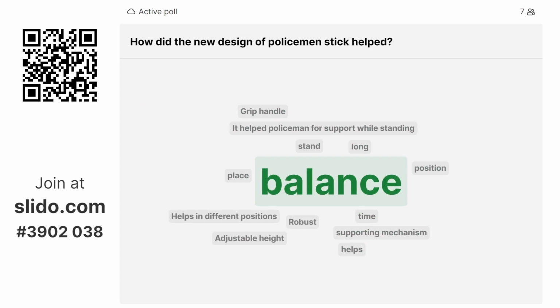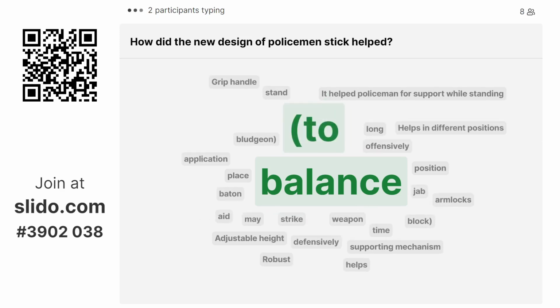Adjustable handle, adjustable height. Robust, defensive weapon. Block. Arm locks. It helps policeman for support while standing. Baton, balance. Strike.